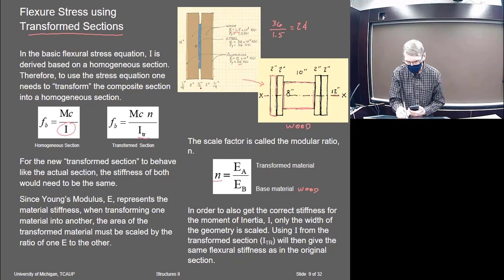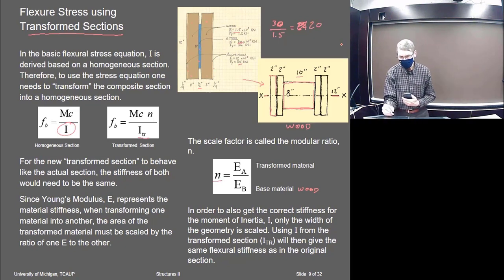Okay, then I say 24 times a half, and should have gotten 12. Somehow I got 10. What did I do wrong? Oh, yeah, right. It's 30. Sorry, I grabbed the wrong number. I was looking at the stress. Okay, 30 divided by 1.5 should be 20 then, right? And then 20 times a half is 10.